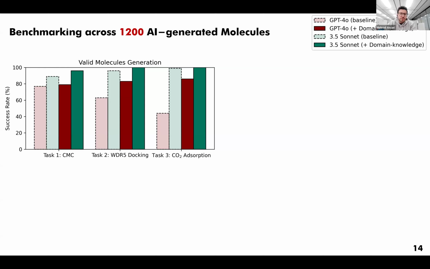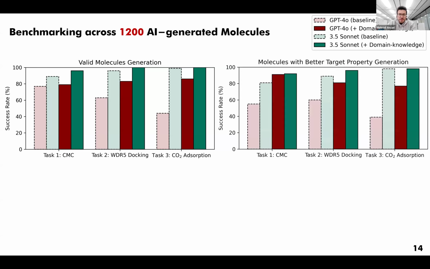And you can see the importance here comparing the baseline with the domain knowledge. So 3.5 Sonnet was much better compared to GPT-4o, not just in terms of molecule generation, but also in terms of generating better molecules at each iteration with better target property. So you can see the success rate on the right.